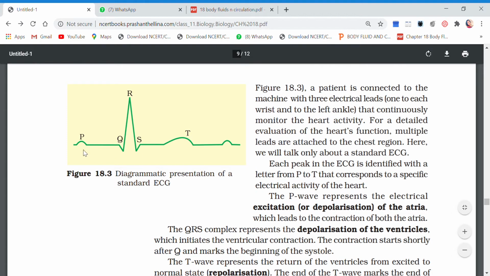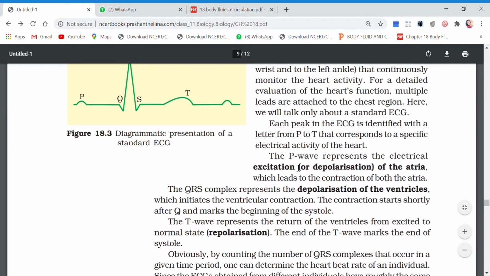This is the P wave. The P wave represents the electrical excitation or depolarization of the atria. As soon as you see this bump, this elevated portion of P, you can understand that your atria are excited, the action potential has reached the atria, or depolarization of the atria has occurred.